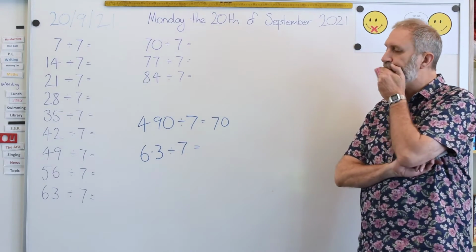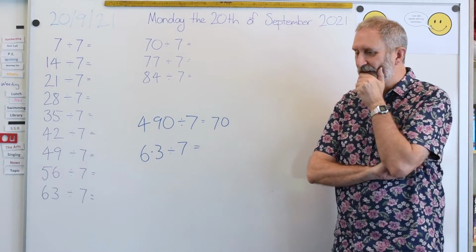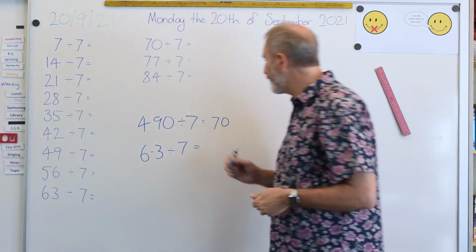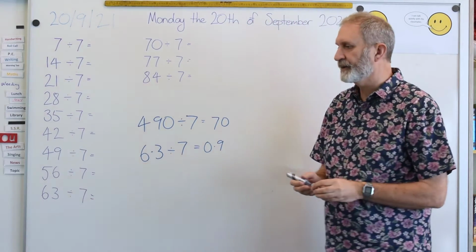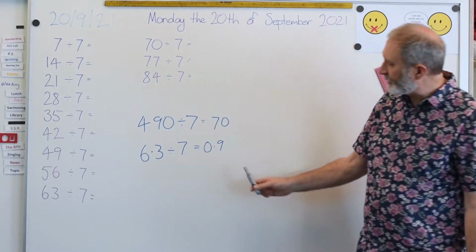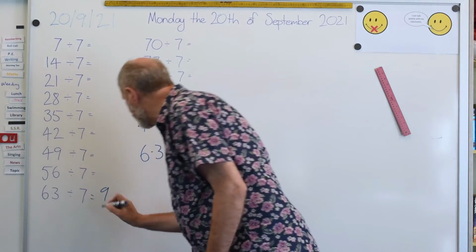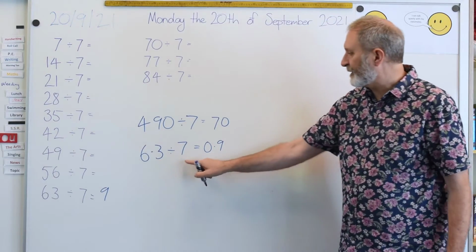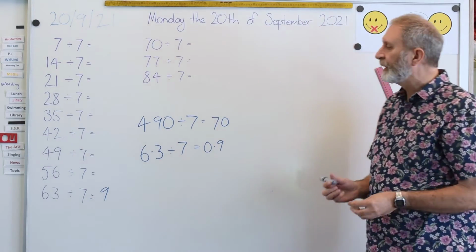Well, what do you reckon, Max? 0.9. Perfectly answered. Absolutely right. So you'll notice that 63 divided by 7 is 9. 6.3 divided by 7 looks a bit like 9, but 10 times smaller.